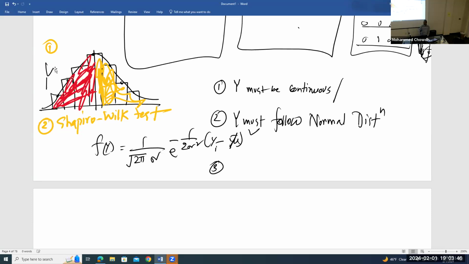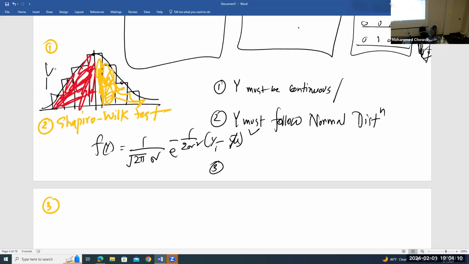If the p-value is greater than 0.5, then y follows a normal distribution. Understand? So now a further question: suppose the p-value is less than that, and y does not follow a normal distribution. What should I do? You understand the question? The histogram and Shapiro-Wilk test do not look normal. What can I do?